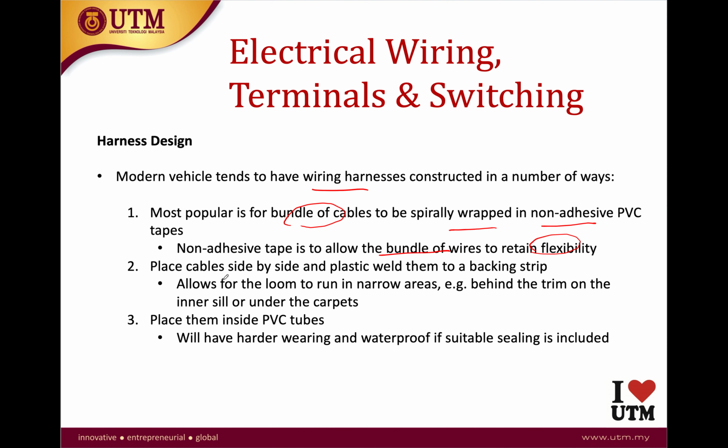Then you place the cables side by side and plastic weld them onto a backing strip. This allows the loom to run in narrow areas behind the trim of the inner sill or under the carpets. Or occasionally you can place them in PVC tubes, which are harder wearing and waterproof if you use a suitable seal.